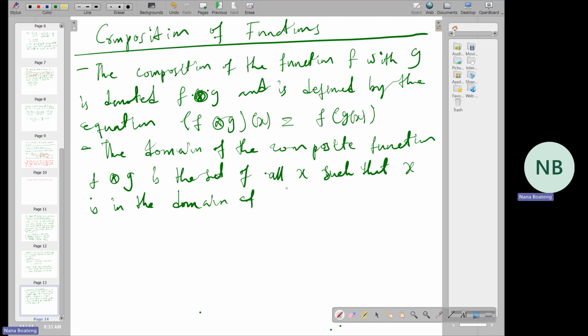So x is in the domain of g, and also in the domain of f.